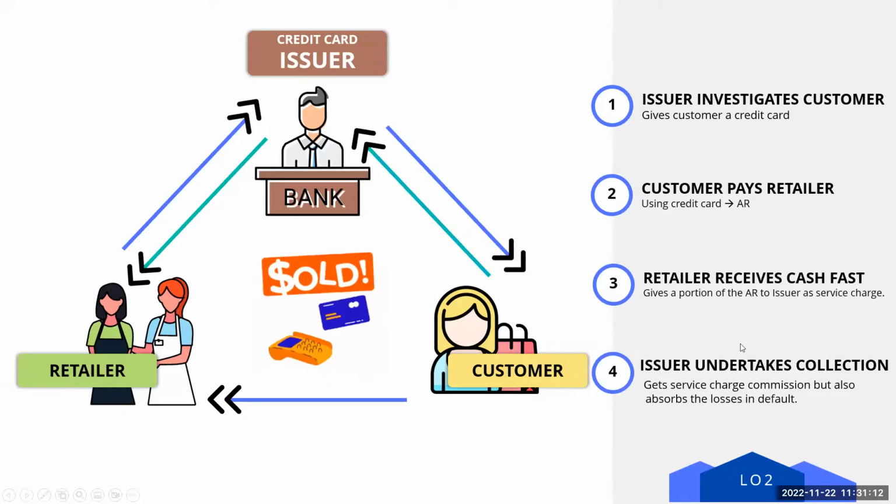And then si issuer will undertake the collection. So in essence, pag nagbayad kayo ng credit card kay retailer, si retailer makukuha niya kagad yung pera from the bank. Si bank yung magkukollect ng credit card bill niyo every month, right?